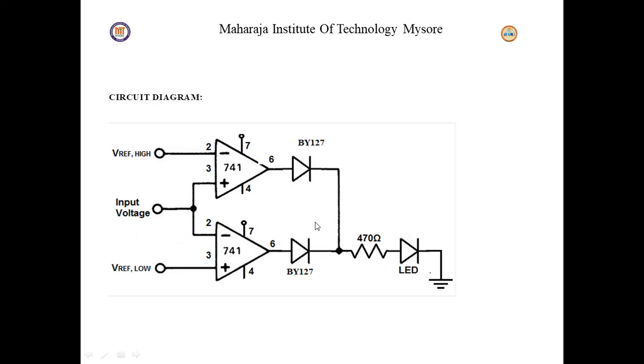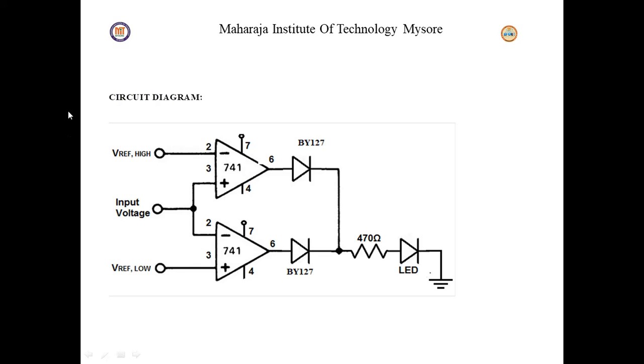Then both the diodes are in reverse biased condition, and the output will be 0 volts.